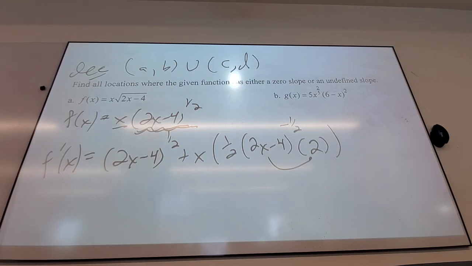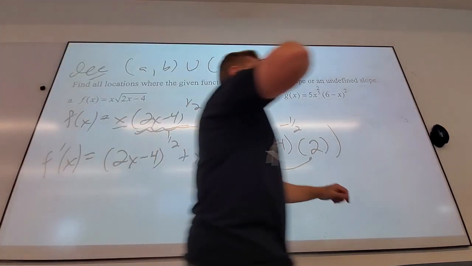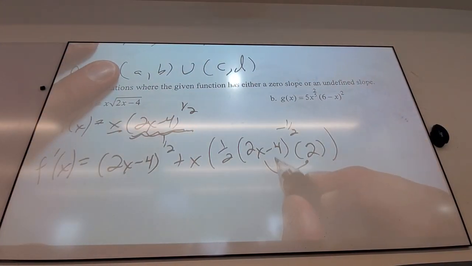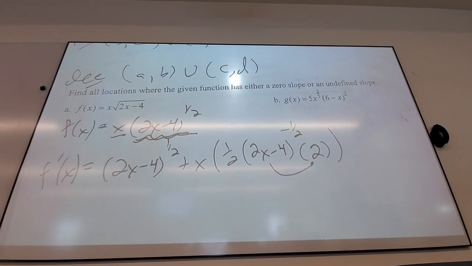Is the function cool with the number 2? Can I put a 2 into the original function? Totally. But it makes the derivative undefined. So let's do this. If I want to see where it's undefined, I can normally see that from the parts that would go on the bottom.